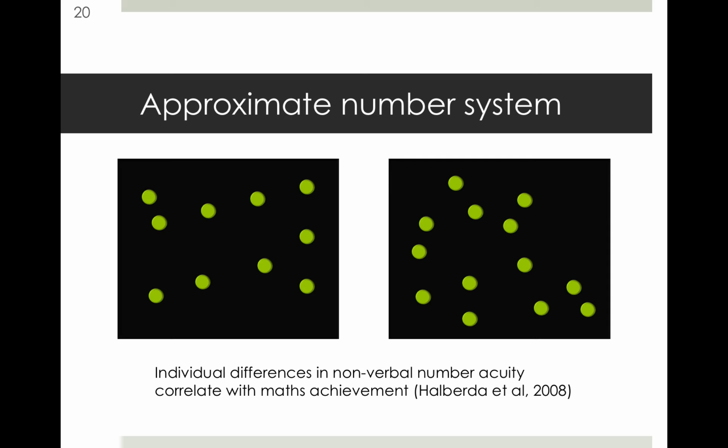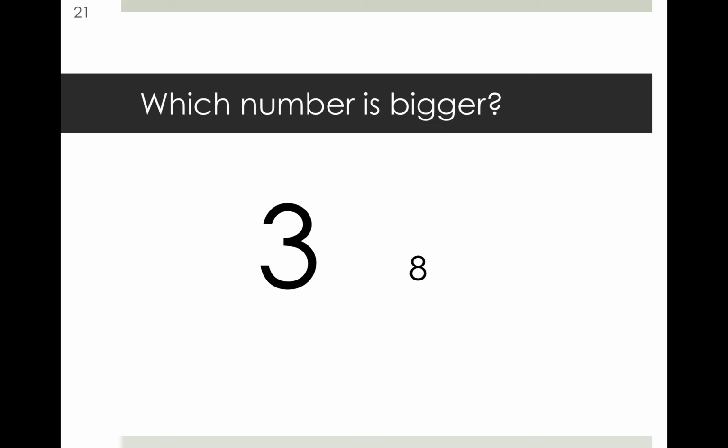Another way to test your approximate number system is by these incongruency tests, and I'll show you one of these. Can you tell me which number is bigger? Okay, some people are clear. Some people are confused. Why are we confused? When I say bigger, do I mean taller, occupying more space on my screen?